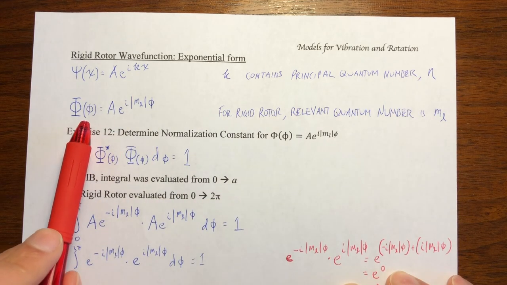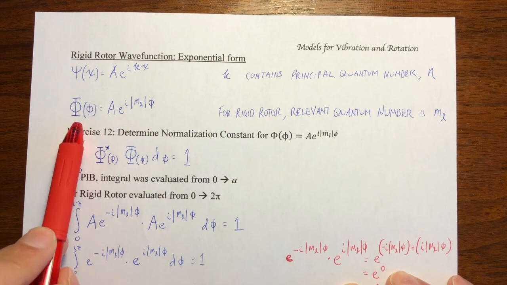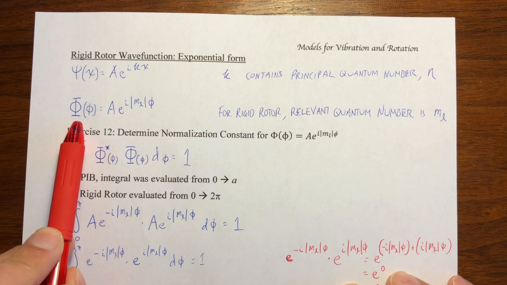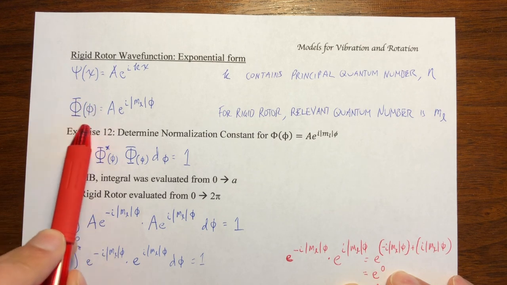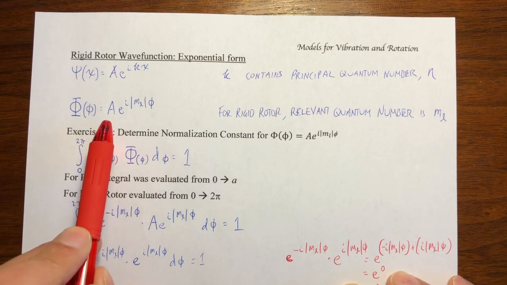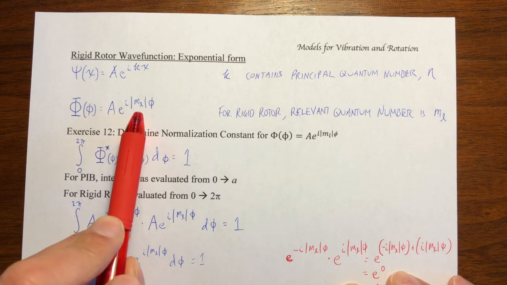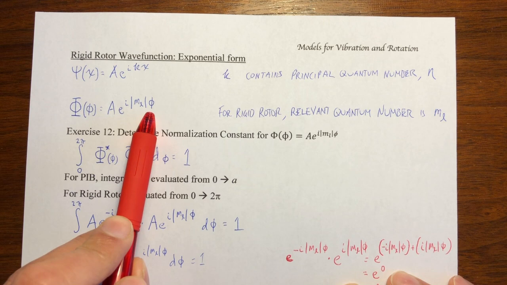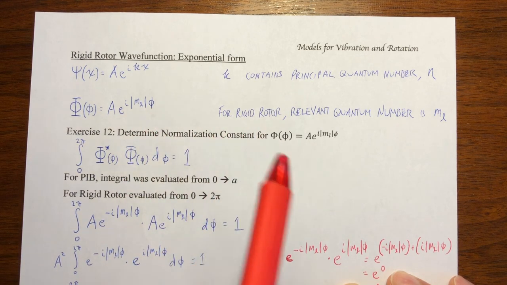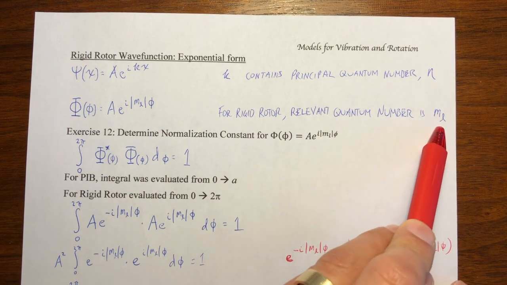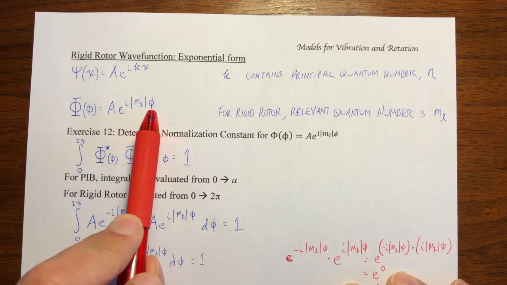Now when we go into the rigid rotor model, we have our capital Phi, which is our new wave function. So our rigid rotor wave function is equal to A times e raised to the i m sub l times phi, because for the rigid rotor model, the relevant quantum number is the angular momentum quantum number m sub l. And instead of position, we have an angle.